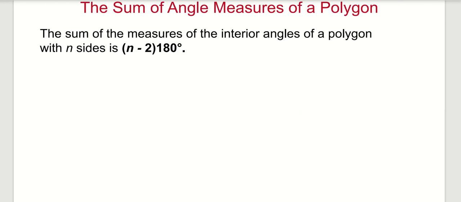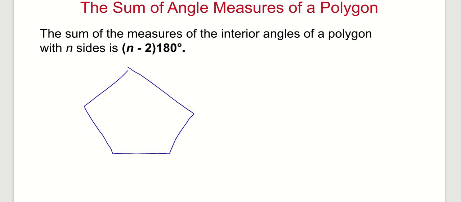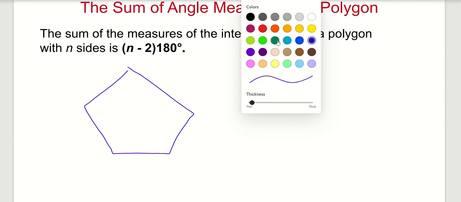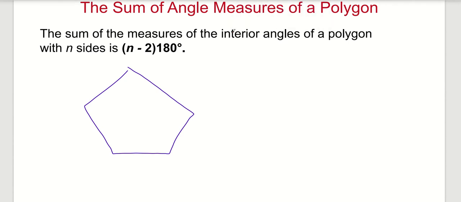Let's see if we can do this for a pentagon before showing the general formula. So let's suppose I have a pentagon. This is going to be our 5-sided geometric figure. And what I want to do is break this into triangles. So I could, for example, start with this vertex. I can make a triangle here. And then from this vertex, make a triangle there. And I have now split my 5-sided geometric figure.